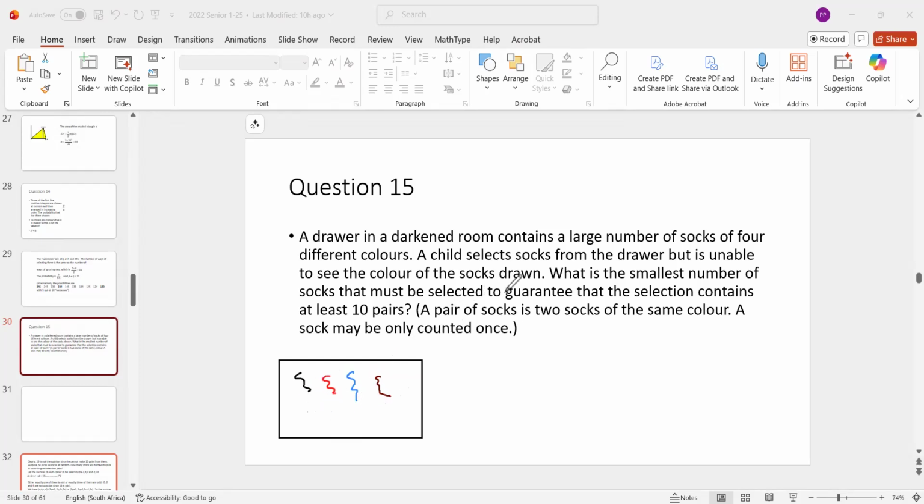Right. A child selects socks from the drawer, but is unable to see the color of the socks drawn. Okay. What is the smallest number of socks that must be selected to guarantee that the selection contains at least 10 pairs? Oh, this child has got all the time in the world. So you want 10 pairs.